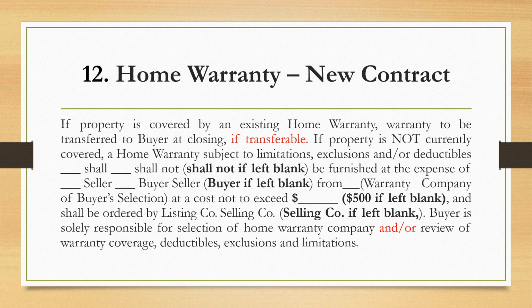And we also added at the last sentence, buyer is solely responsible for selection of home warranty company and or review of warranty coverage, deductibles, exclusions, and limitations. Previously, I think they just said and we added and or because it's selection of the company, or if there's an existing warranty, it would be or review of that warranty coverage. So we said and or.